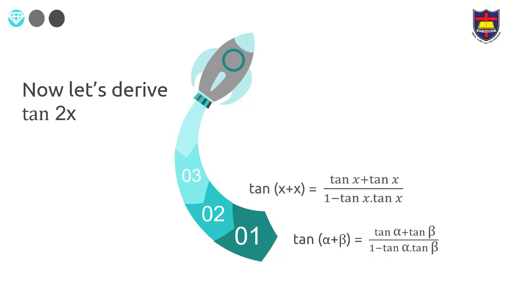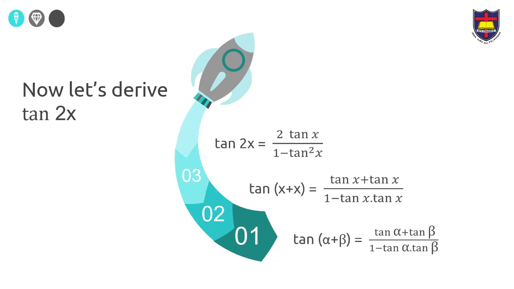And then we substitute alpha and beta with x, so that we have tangent x plus x equals tangent x plus tangent x over 1 minus tangent x times tangent x. Here we can simplify it to tangent 2x, so we have the formula 2 tangent x over 1 minus tangent square x. Yeah, that is our second diamond point.